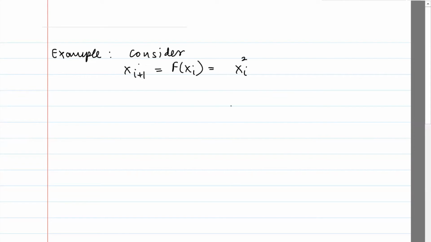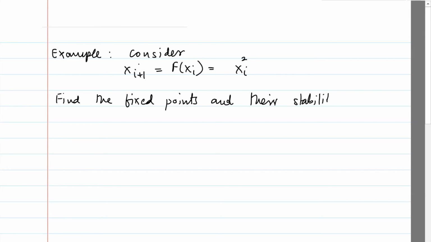Okay, so f is here x_i. And the question is: find the fixed points and their stability. Okay, so that's the question.